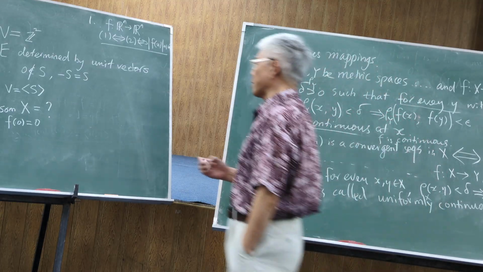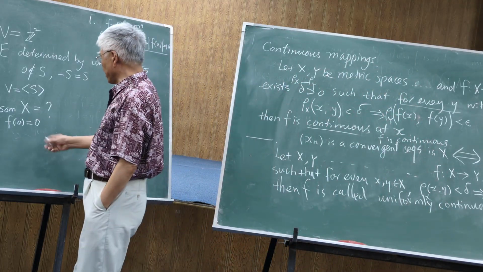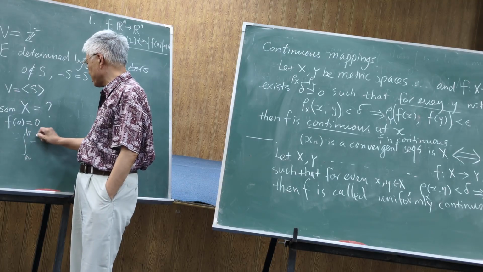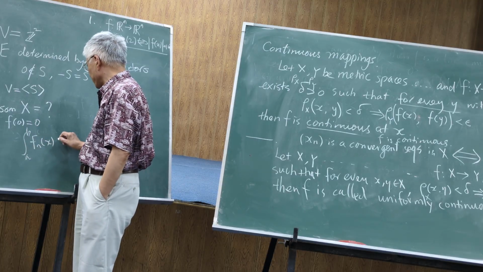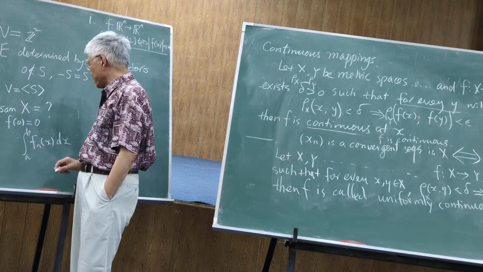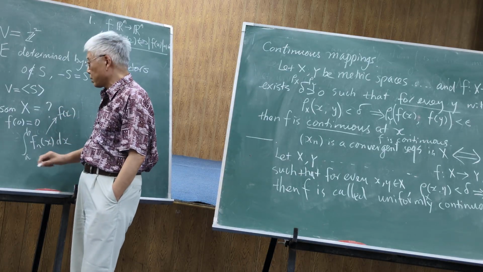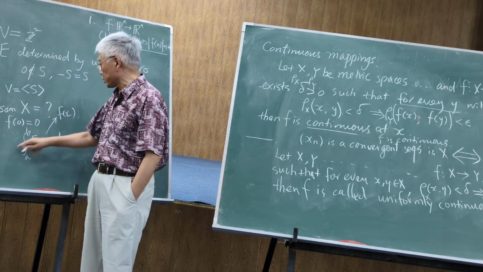So let us say one variable, and this one converges to something. And you want to take the limit outside and put the limit inside.